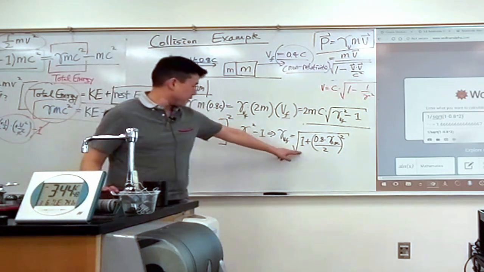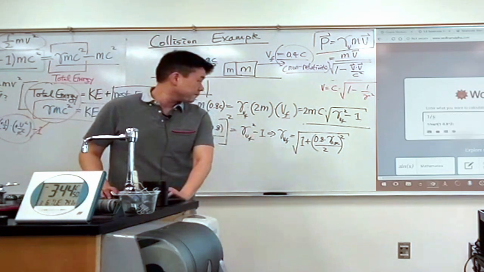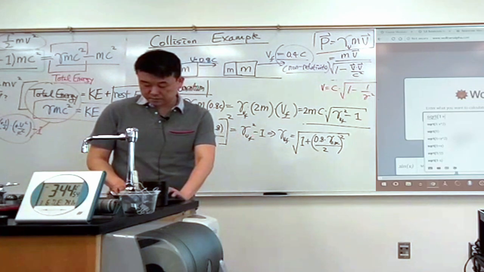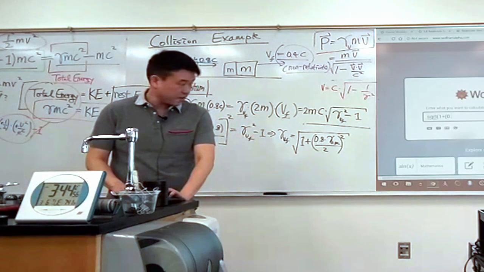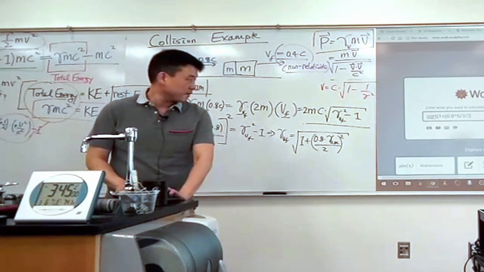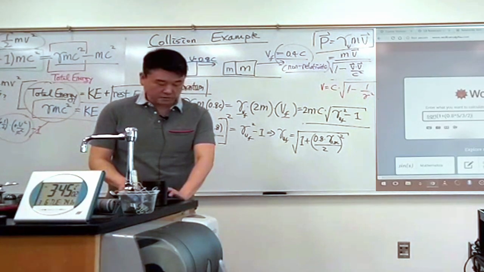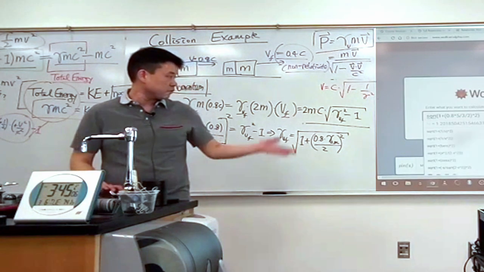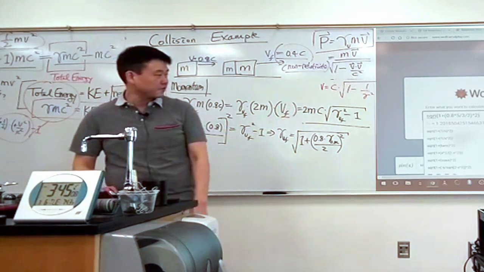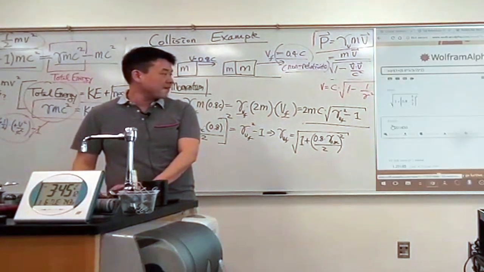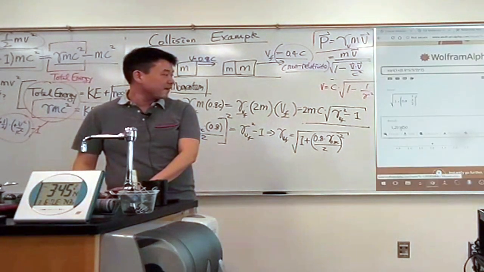All right, so let me write this out. Square root of 1 plus 0.8 times 5/3 divided by 2, the whole thing squared, and then square root. So 1 point, okay, I actually need that value. All right, so that's gamma v final.